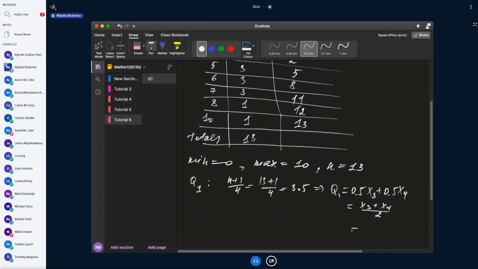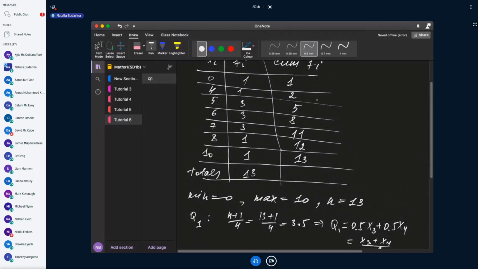So we go to the table and see where is x3, where is x4. And we go to the last column. x2 is too small for us. We need to find where is x3 and x4. x3 and x4 will be in this row, starting from 3, 4, and 5, so they will be in this row. So x3 and x4 are equal to 5.